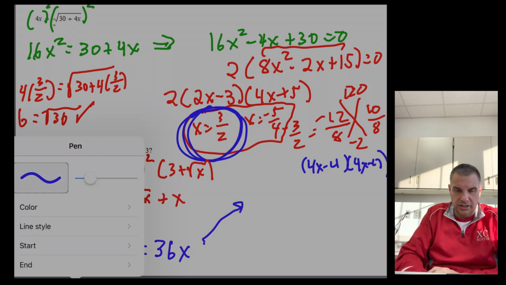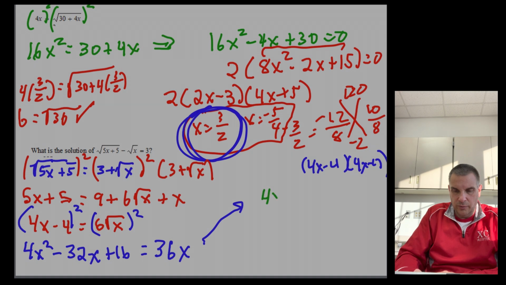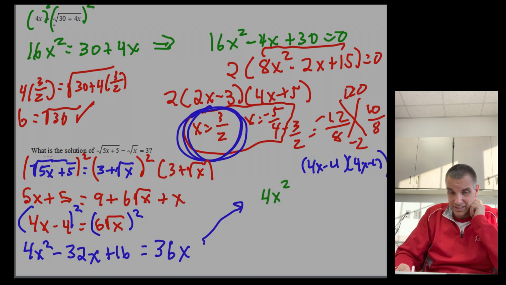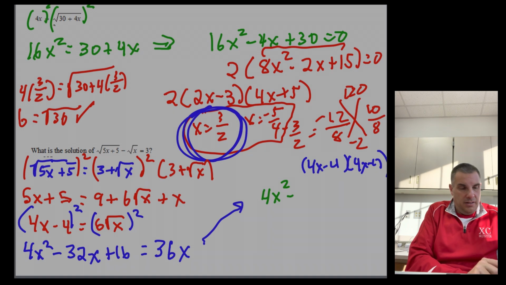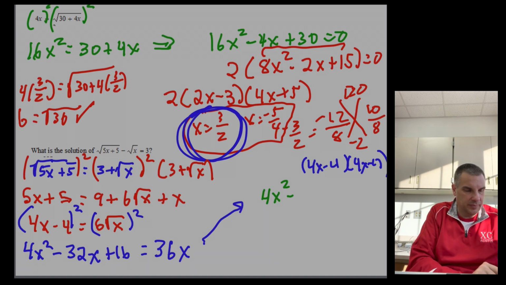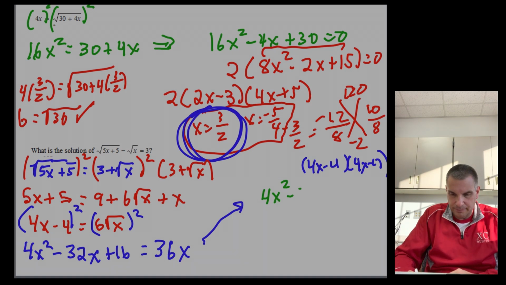We'll change to green now. So this leaves me with 4x squared, add 32x, add 30, subtract 36 from both sides, so that's negative 32 minus 36, negative 68x plus 16 equals 0.